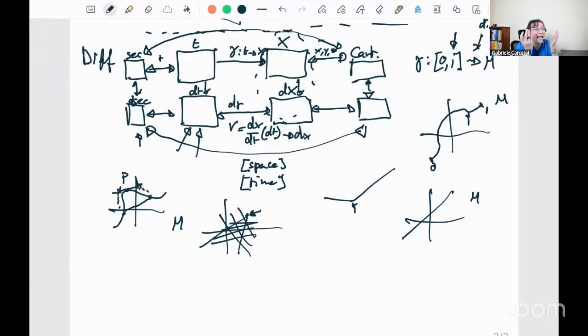And so I don't care that these spaces X and T are actually manifolds. What I care is that they are topological spaces that are locally isomorphic to a topological vector space. And then I can construct a tangent space, which is going to be the space of variations.